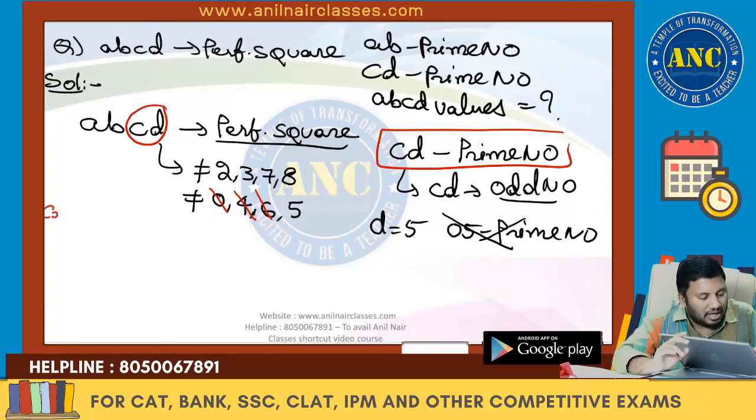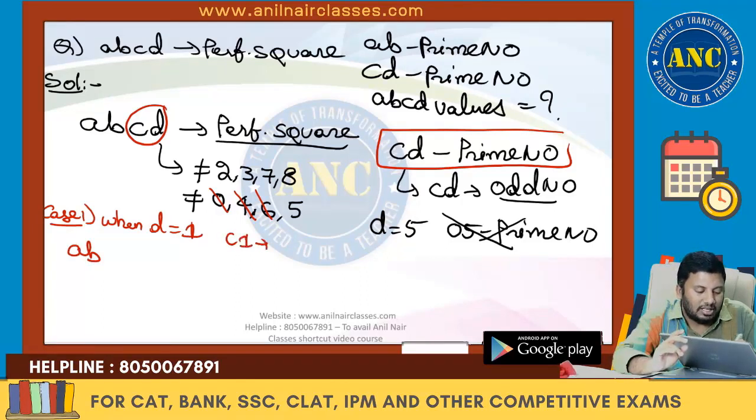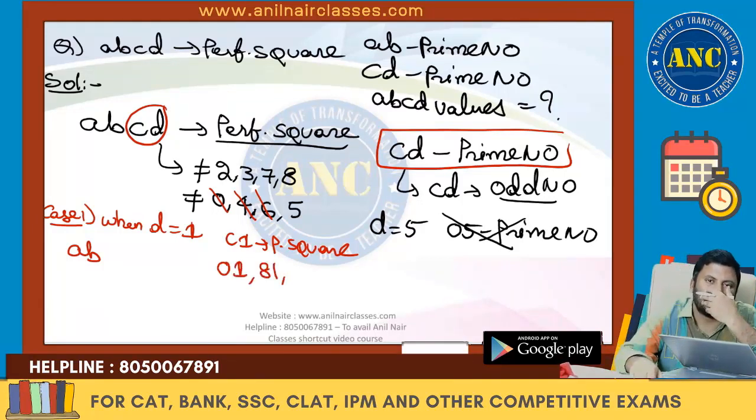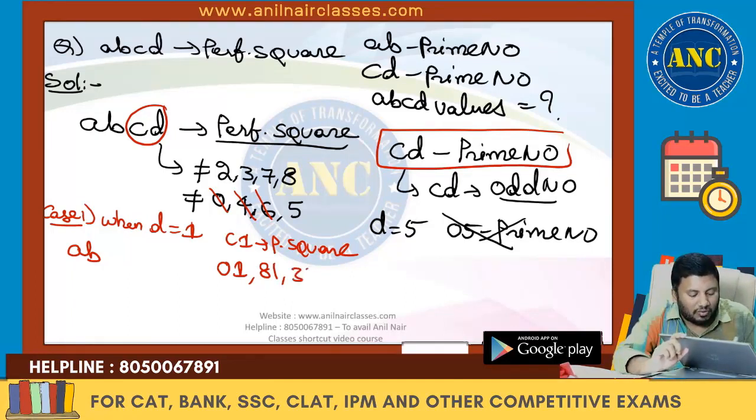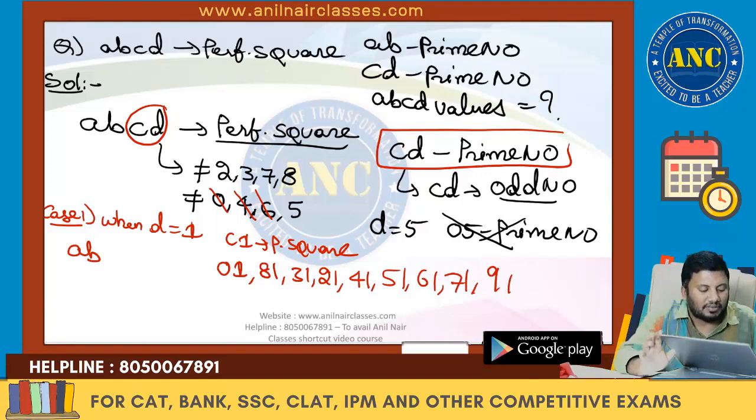So case 1 is when D equals 1. If D equals 1, then C1 should be a perfect square ending. The candidates are 01, 11, 21, 31, 41, 51, 61, 71, 81, 91, all the two-digit numbers ending in 1.